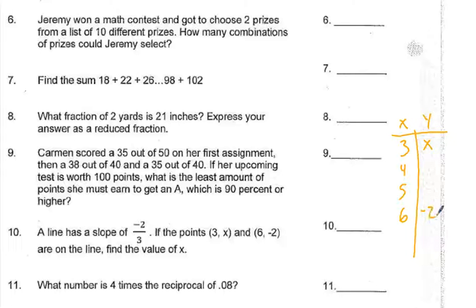And so this is negative 2, and I know we have a slope of negative 2/3. So from here to here, I went from this value to this value, I subtracted 2/3. From here to here, that's going to be another 2/3, so that's 4/3.